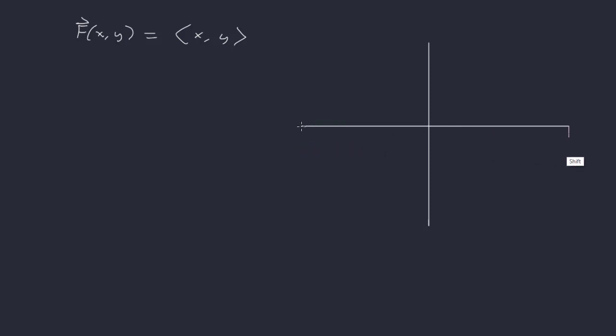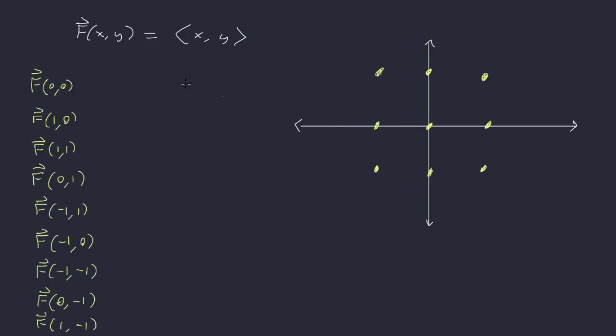I like to make a 1-by-1 grid to start with. Here I've made a 1-by-1 grid going from negative 1 to 1 on both axes, and I've set up the points for that. Now we're just going to go through them and see what vectors we get, and in this case it shouldn't be that difficult.